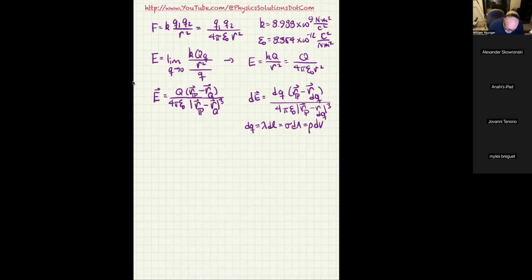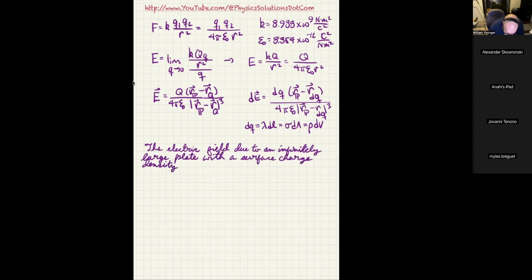Now, what we were able to find last time is for a plate, so the electric field due to an infinitely large plate with a surface charge density sigma is E equals sigma over 2 epsilon naught.